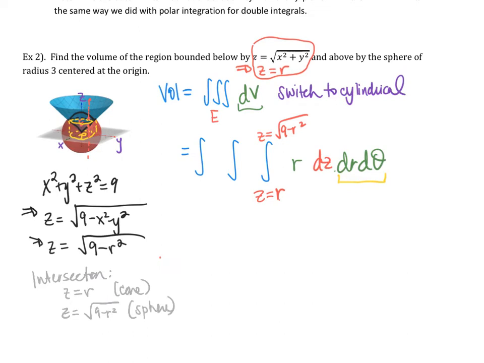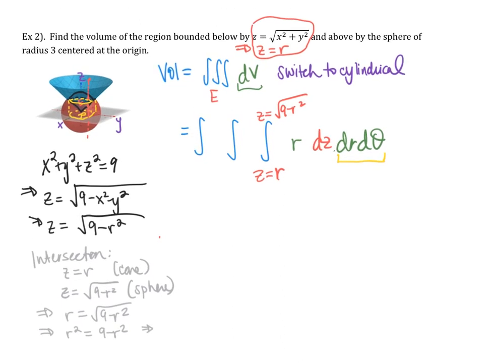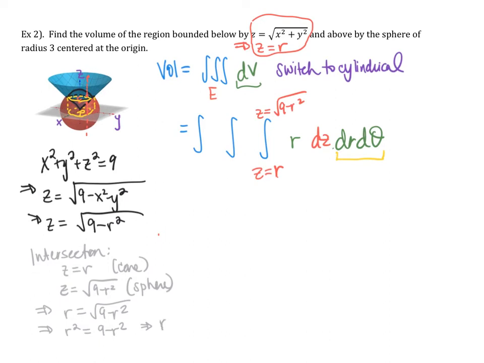We're going to set them equal to each other, and that's going to give me r is the square root of 9 minus r squared, or r squared is 9 minus r squared, which I can get 2r squared is equal to 9, and then r is 3 over the square root of 2. And that's going to be the radius of this circle. So let's sketch the shadow I'm talking about here. That's going to be this radius, 3 over the square root of 2.